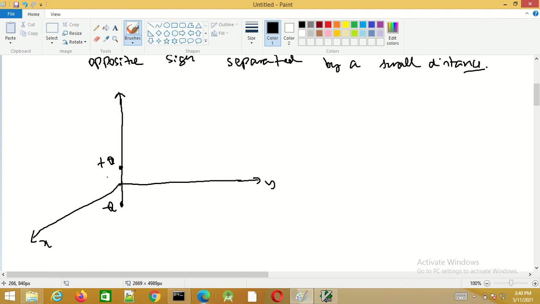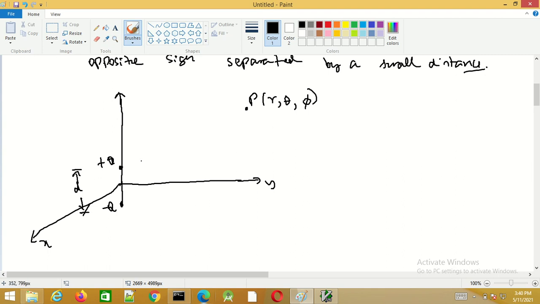So this d, the distance between the two charges, is very small. So this is a dipole. Now we will try to find out the potential at some point given by r, theta and phi, due to this dipole.